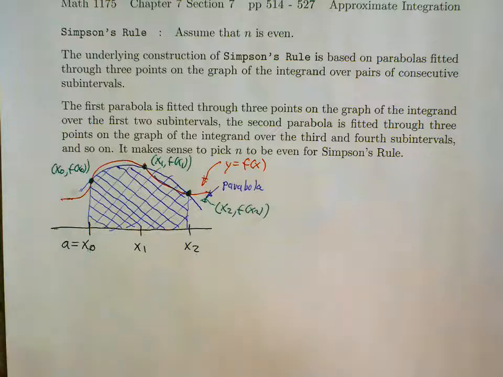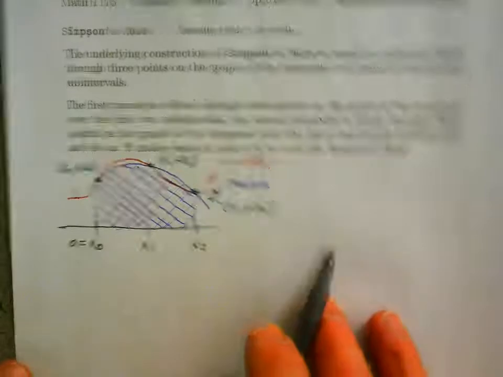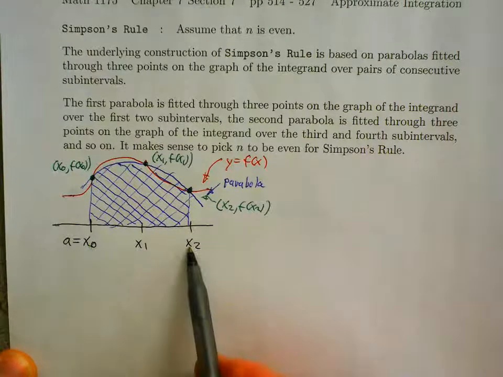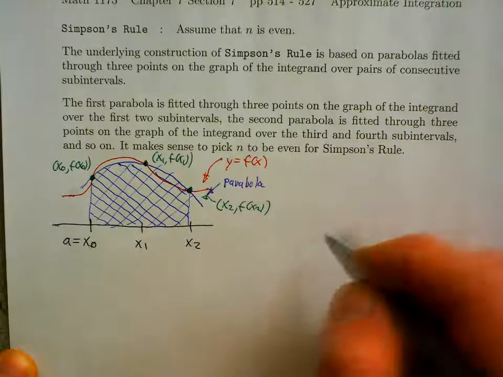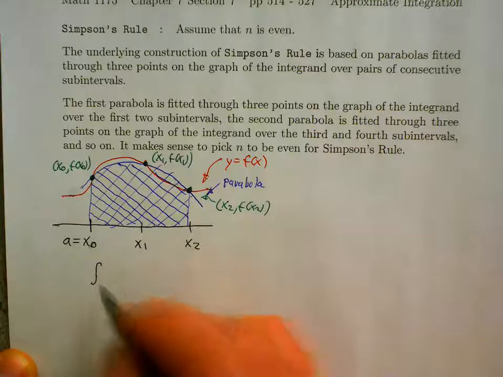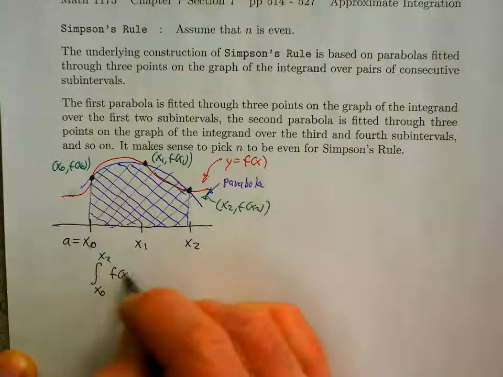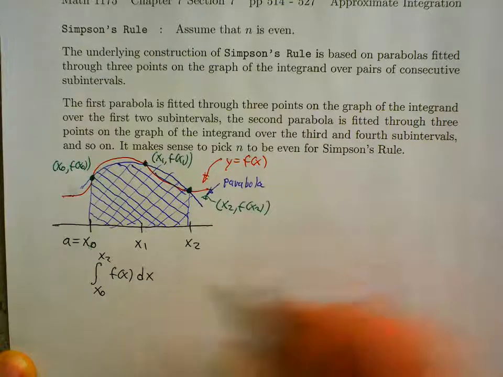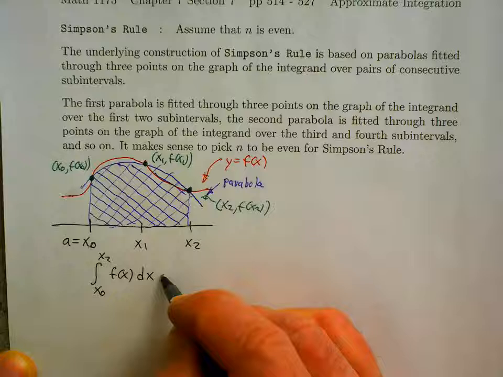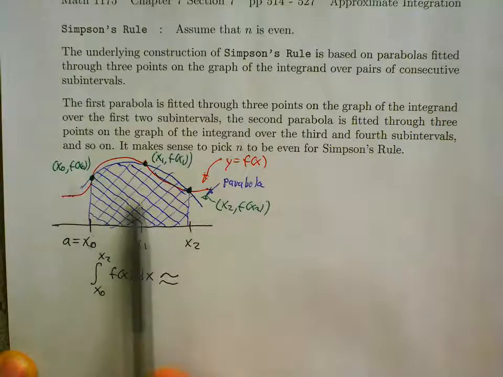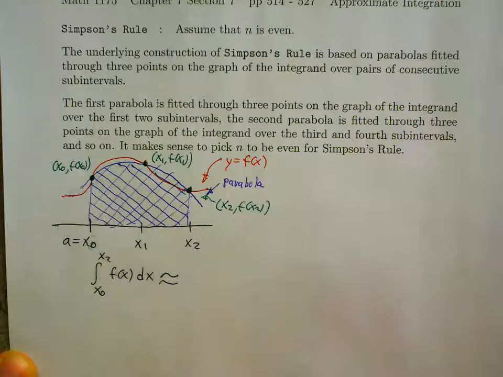Okay, so it turns out that if we were to just integrate f of x on the interval from x sub 0 to x sub 2, that definite integral is approximately equal to the area under that part of the parabola.